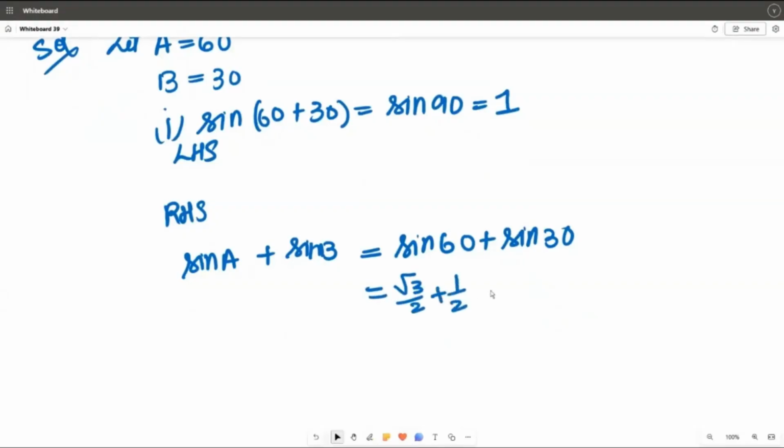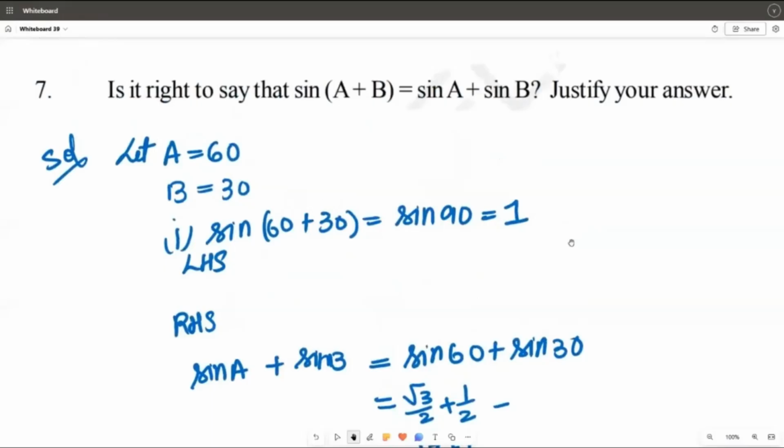If we take the LCM here, this would be root 3 plus 1 by 2, which is not equal to 1. So by the method of verification, we found that LHS and RHS are not the same. On the LHS we got sin 90 equal to 1, and on the RHS we got root 3 plus 1 by 2. So it is wrong to say that sin of A plus B is equal to sin A plus sin B. The correct identity for sin of A plus B is sin A cos B plus cos A sin B.